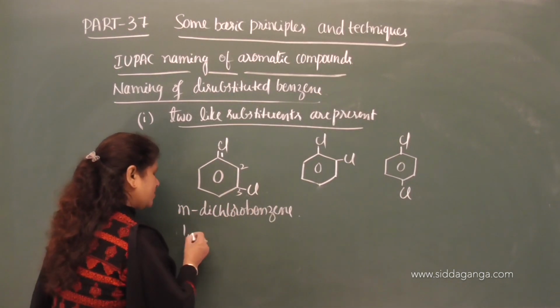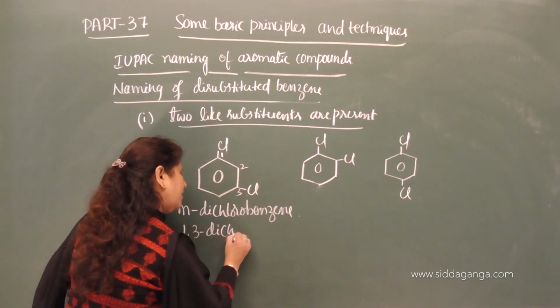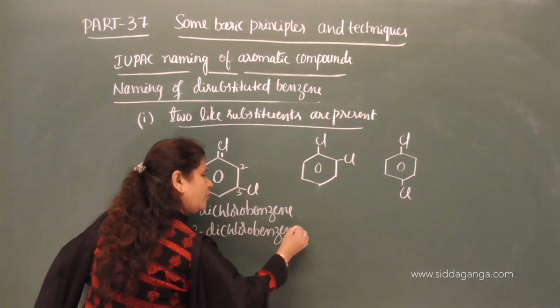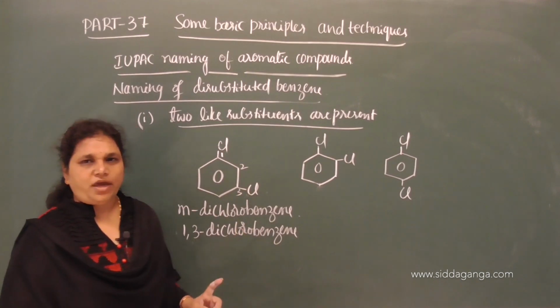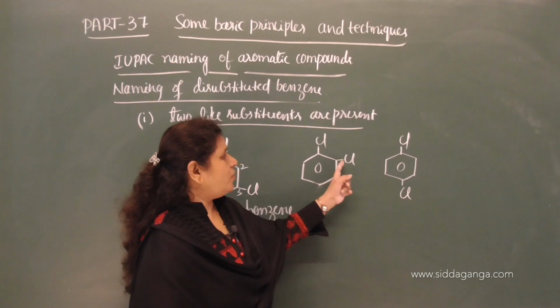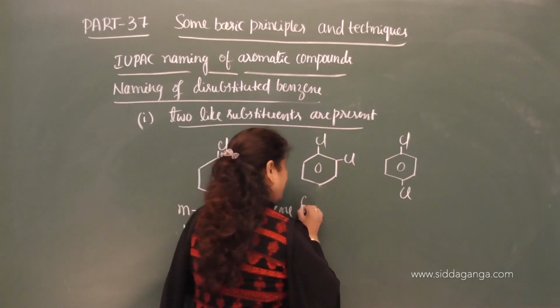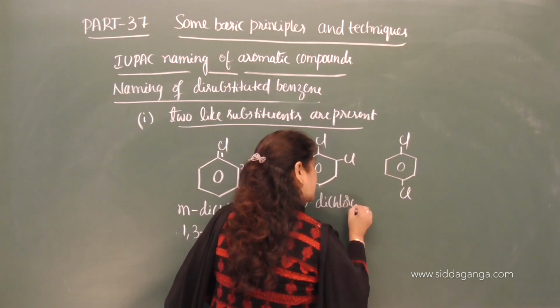You can also give the IUPAC name 1,3 dichlorobenzene. 1,3 dichlorobenzene is the IUPAC name. Now, move on to this. 2 chlorine atoms are on adjacent carbon atoms. Therefore, what is the name? O dichlorobenzene.